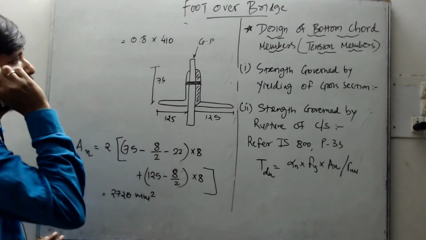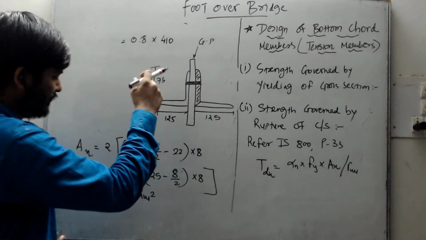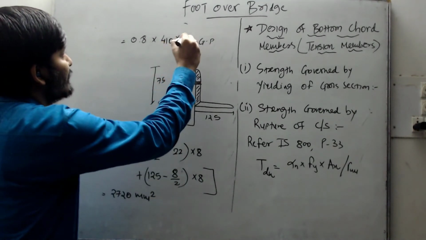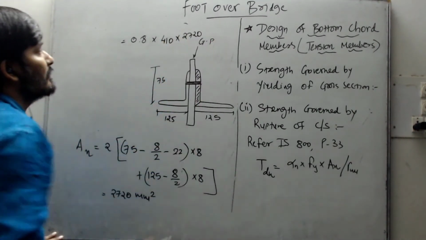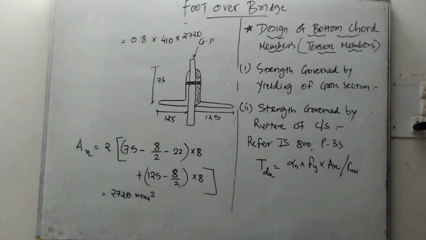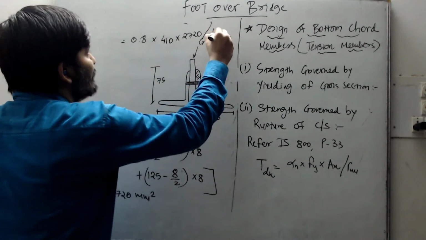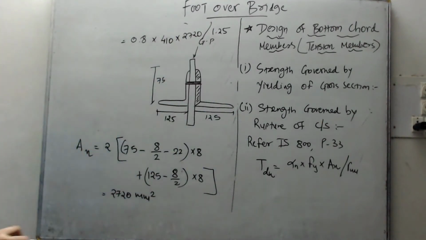So put this value here, An. So 2720 divided by 1.25. Here it is gamma m1, right? So gamma m1 is 1.25.